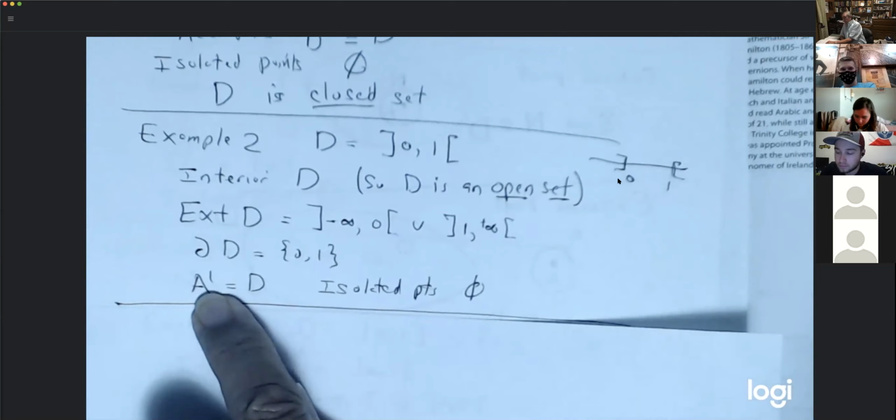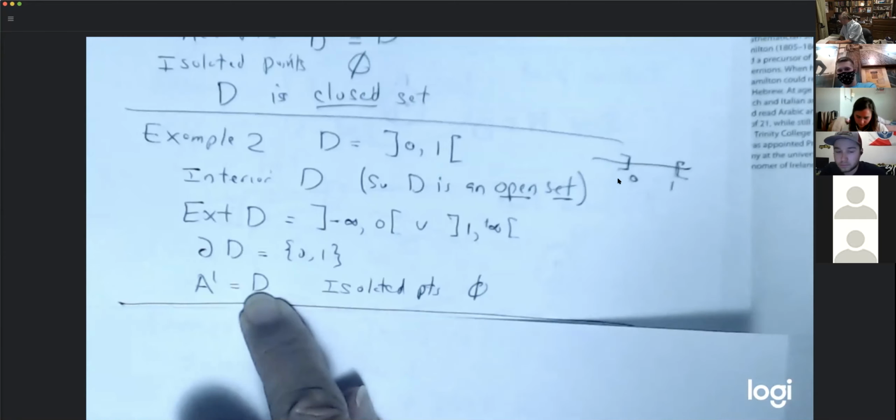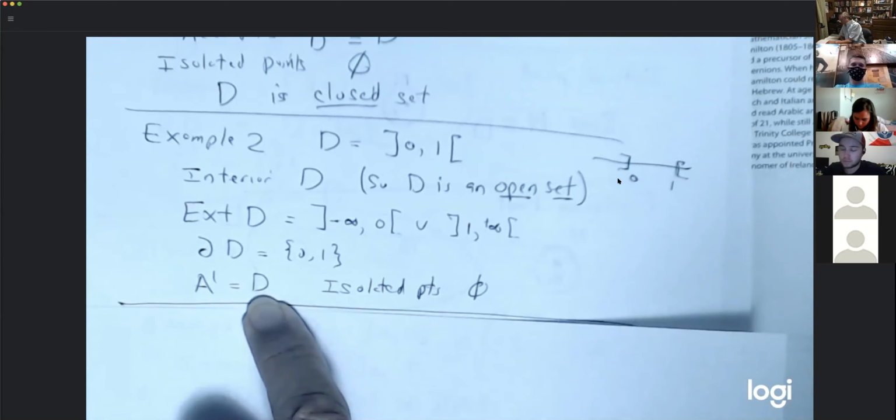Now, what are the accumulation points? Remember from before, that's what we mean. Every point is, again, an accumulation point, except maybe you will agree that this is wrong. What about 0 and 1? It shouldn't be included because it's a closed set. 0 and 1 are accumulation points. Is that right?